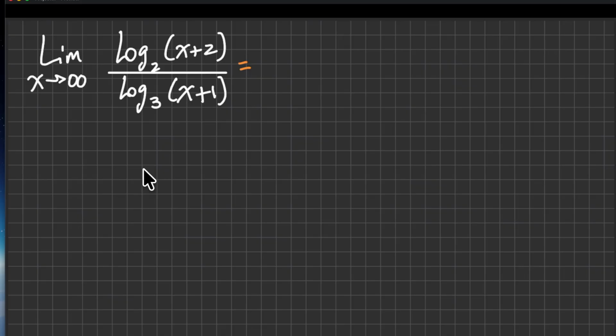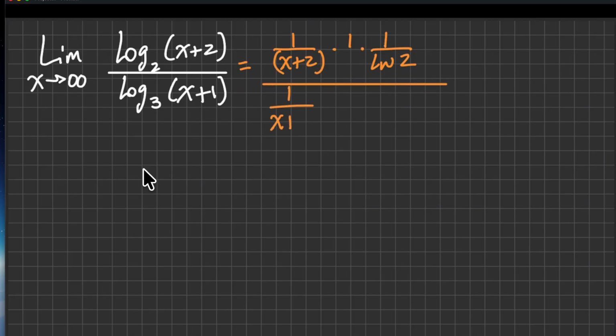When we take the derivative of a log function, it's 1 over the argument times the derivative of the argument, which in this case is 1, times 1 over natural log of the base. Okay, we're going to do the same thing on the bottom: 1 over the argument times the derivative of the argument times 1 over the natural log of the base.